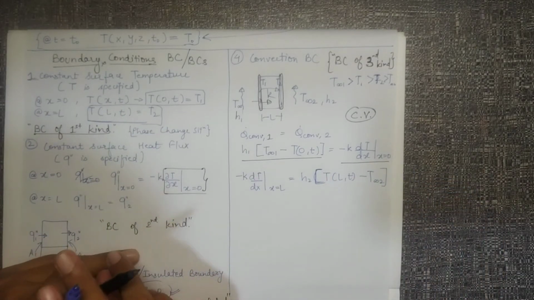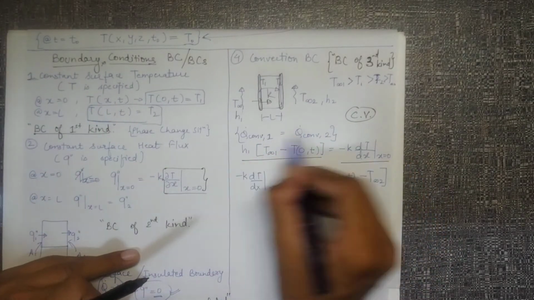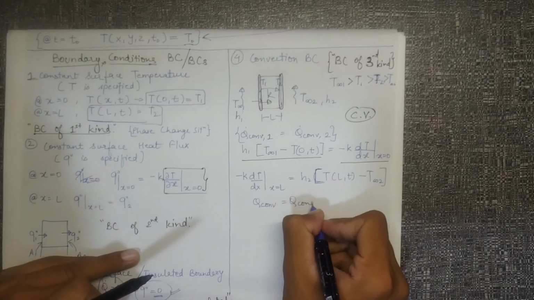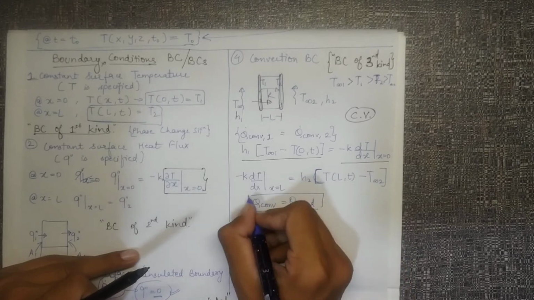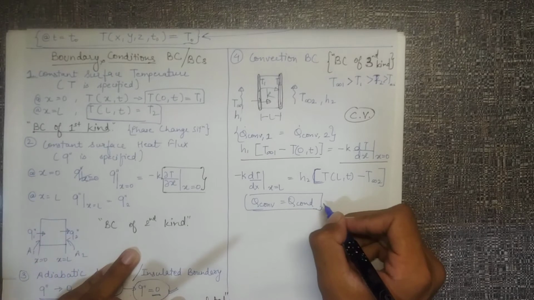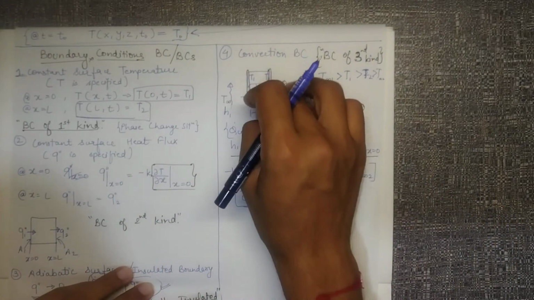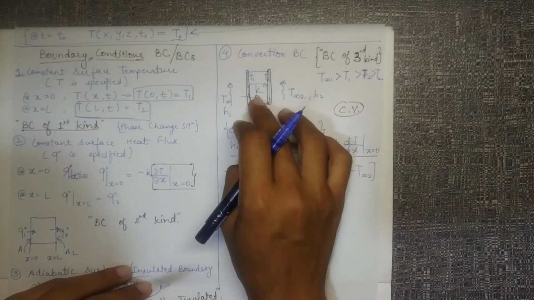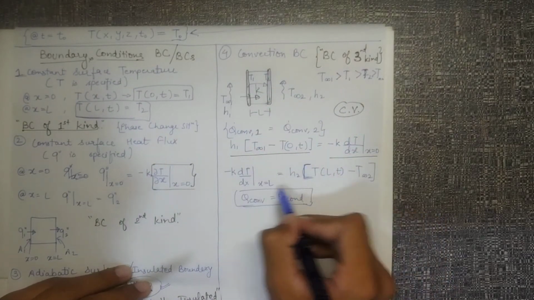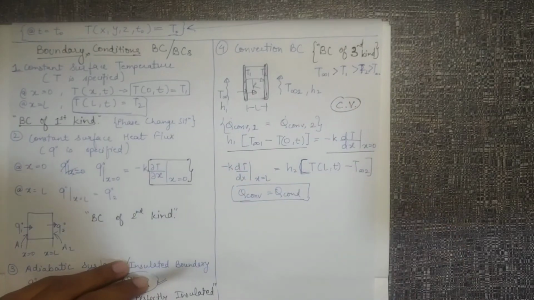Okay, so that was the conclusion. What we have done is Q convection equal to Q conduction at both surfaces. That was our main idea, and using that we can write Q convection 1 equal to Q convection 2, if the wall is at steady state, there is no heat generation, and it is not storing heat. That means whatever it is receiving will be passed on to the second fluid, but that is not always true.